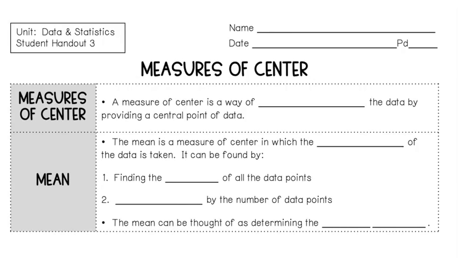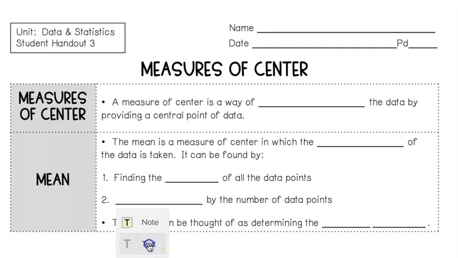Stubbs' math class. Today we're going to look at something that was introduced on yesterday's Ed puzzle, which is measures of center. If we look at our first definition, a measure of center is a way of blank the data by providing a central point of data.